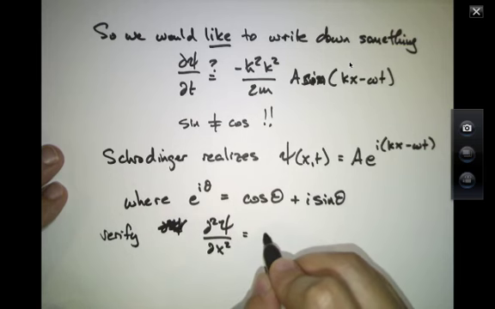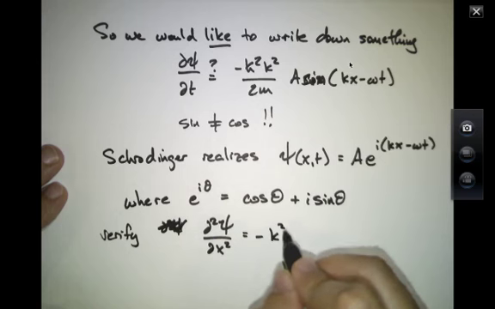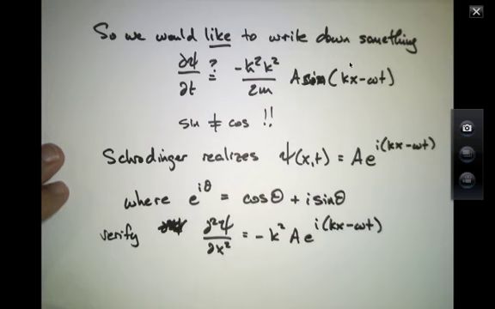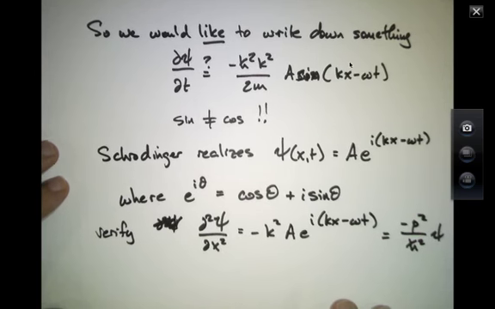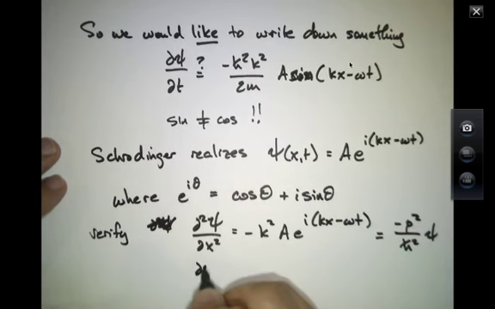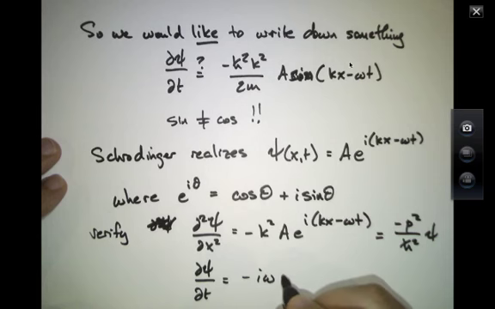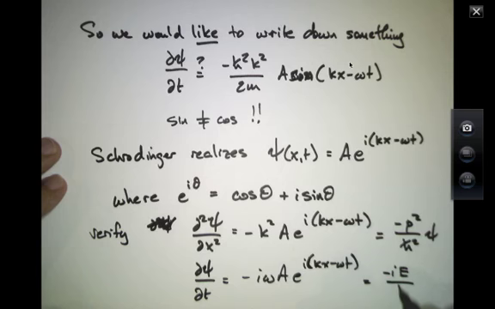And you can verify that the second derivative is just this, and the time derivative is just that. So both derivatives give me back something that's proportional to the original wave function.